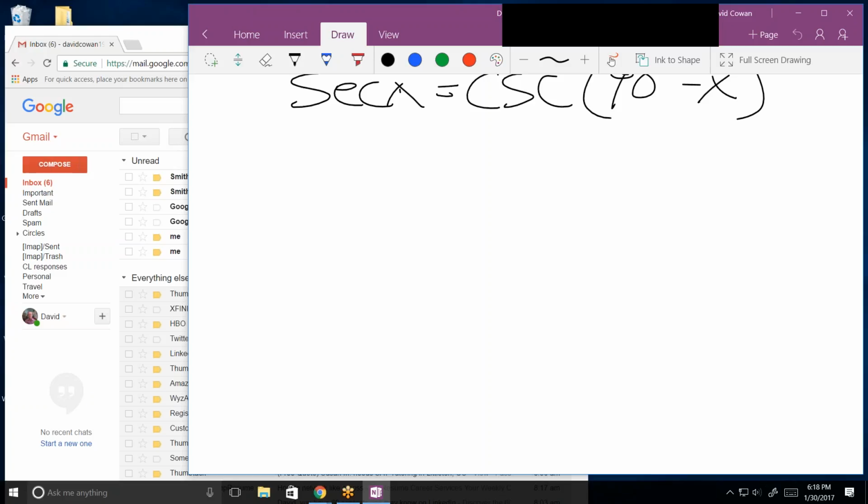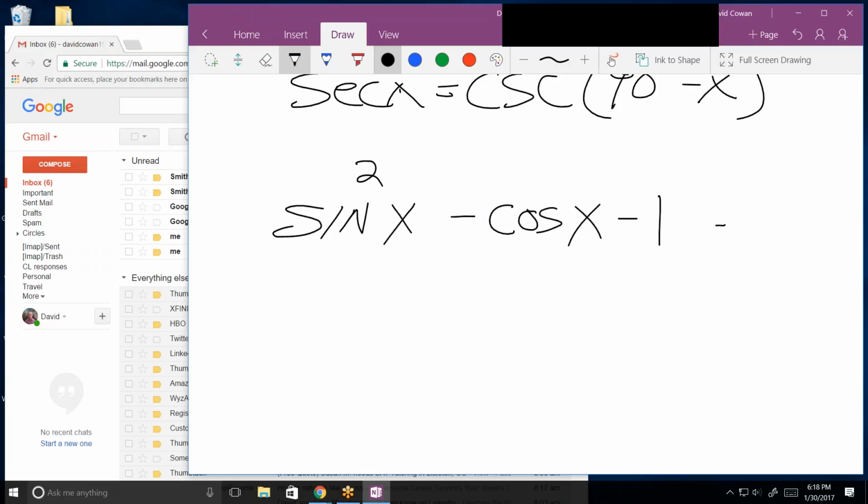When you have certain trig equations, let me give you an example just because it's an interesting one. Sine squared of x minus cosine of x plus 1 equals 0.